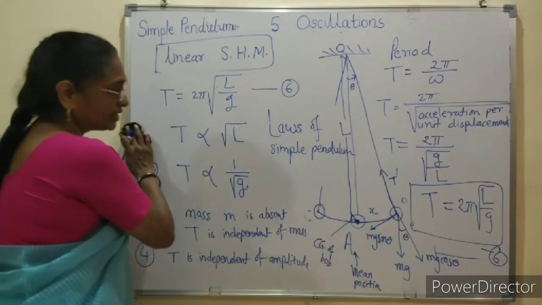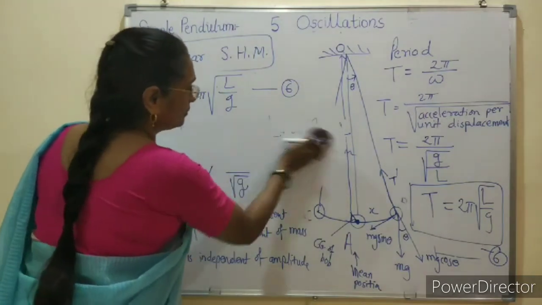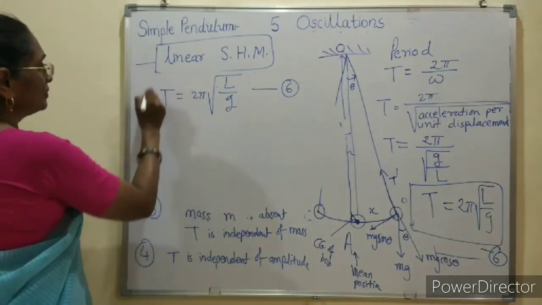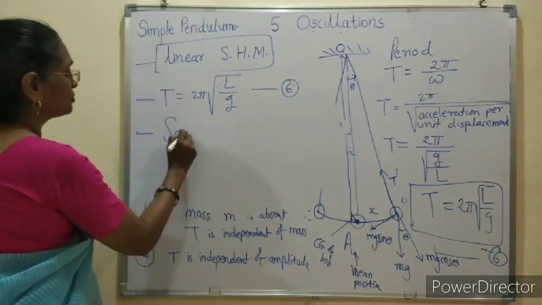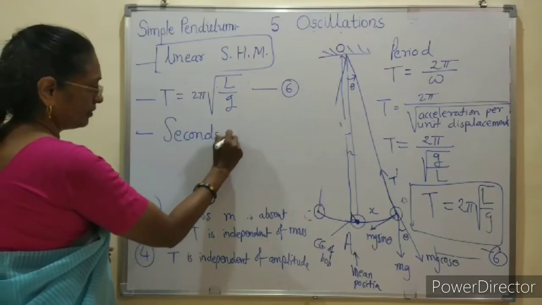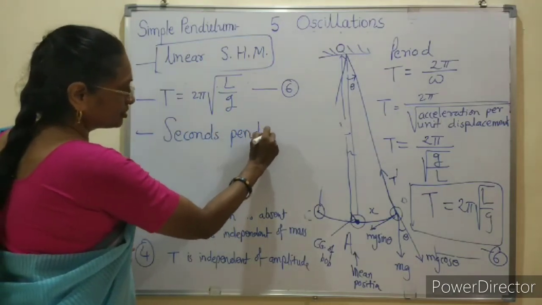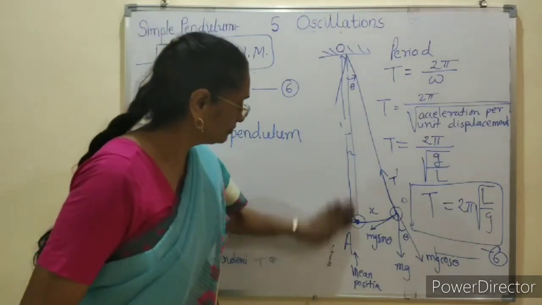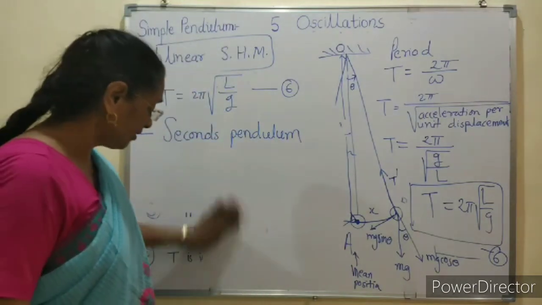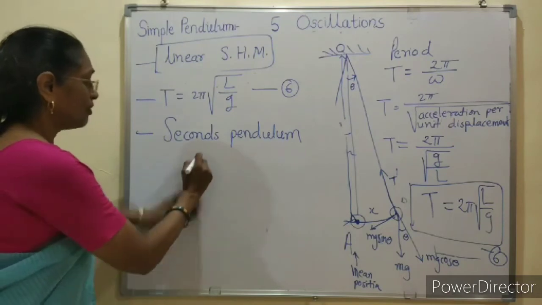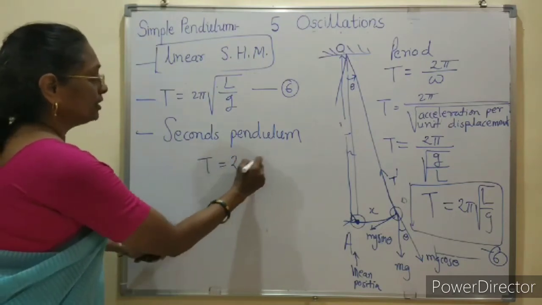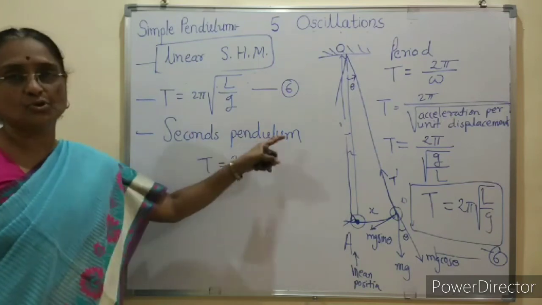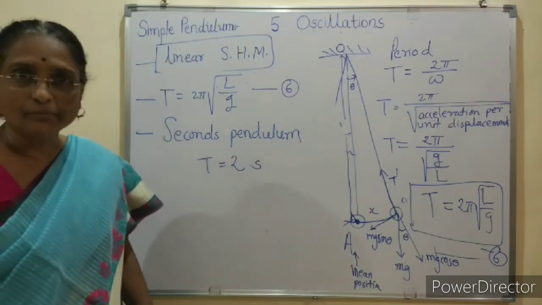Now the next point in this is that seconds pendulum. Seconds pendulum, the name itself explains the idea, which is for the simple pendulum, if the period is equal to 2 seconds, then that pendulum is called as seconds pendulum.